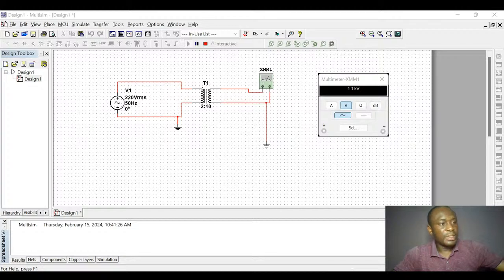Now, there are some formulas and laws guiding this. I think Vivian asked something, but I don't understand the question. She can repeat the question she asked before. Let me clear her.